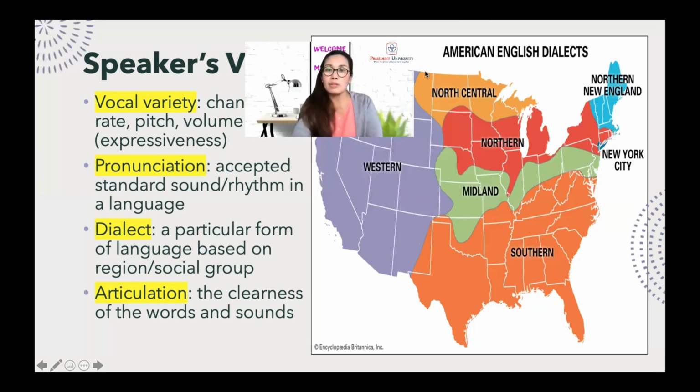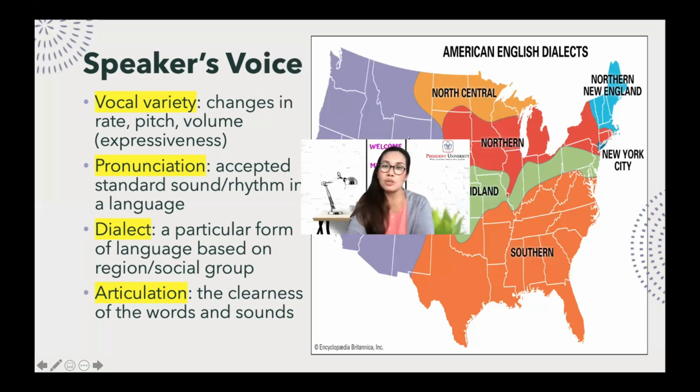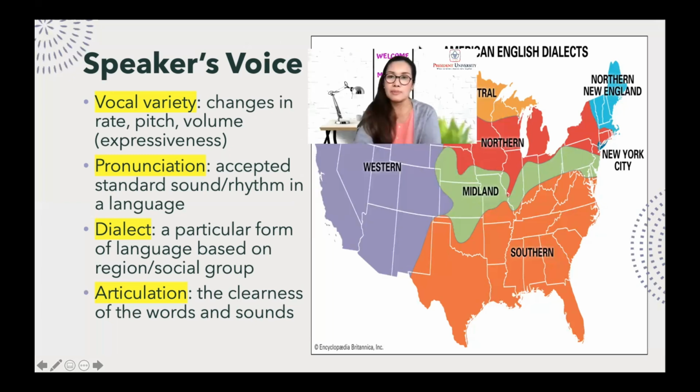If you think about the US, for example, people in the Western area speak differently: North Central, Northern, Midland, Southern, New York, Northern New England, Appalachian. Maybe you also hear the word accent, right? Accent in this case is closer to pronunciation, so it is related to how people actually pronounce a word. But dialect also relates to different vocabulary, different terms, different language, I would say, that people use.